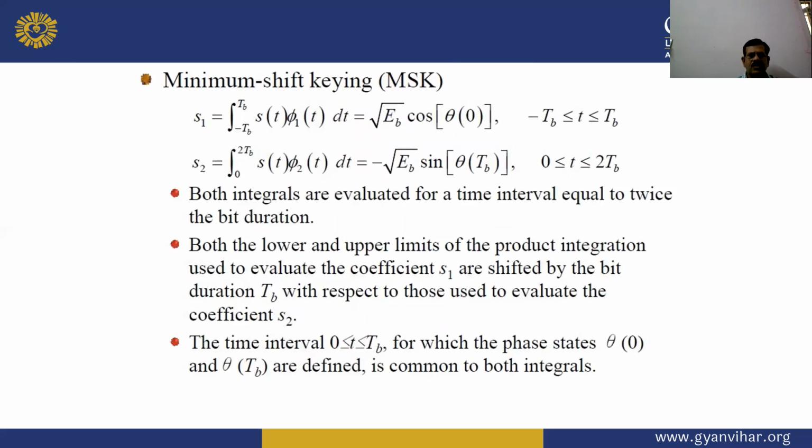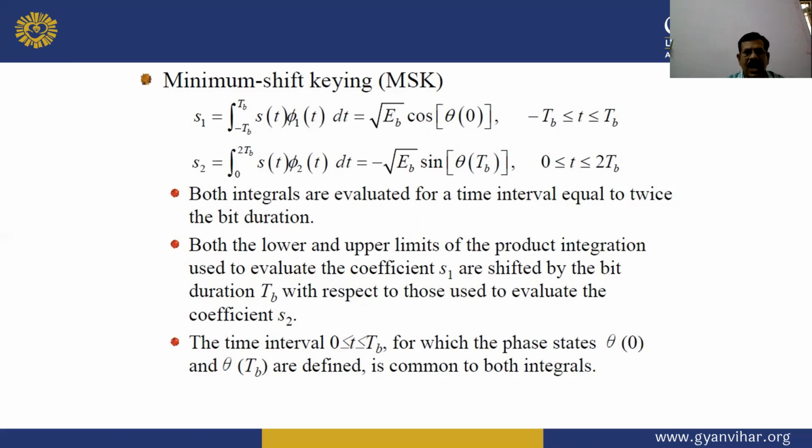So s1 equal to integration of s(t) phi 1(t) dt from minus TB to TB, equal to square root of EB cos theta 0, and s2 equal to integration from 0 to 2 TB of s(t) phi 2(t) dt, equal to minus square root of EB sin theta TB, where t is between 0 and 2 TB.